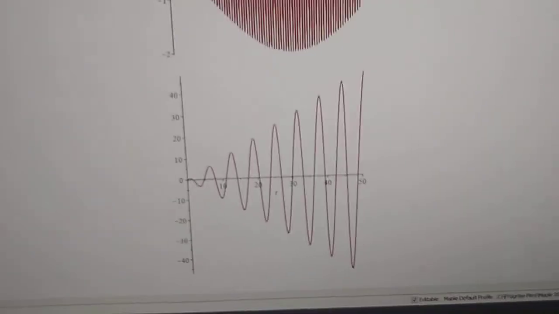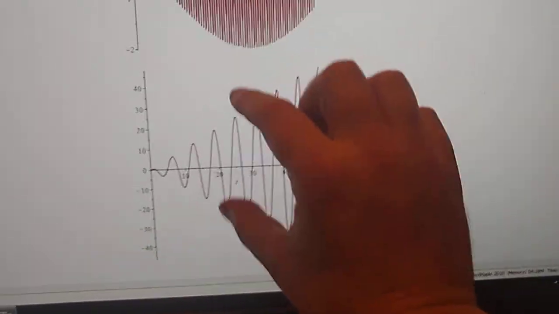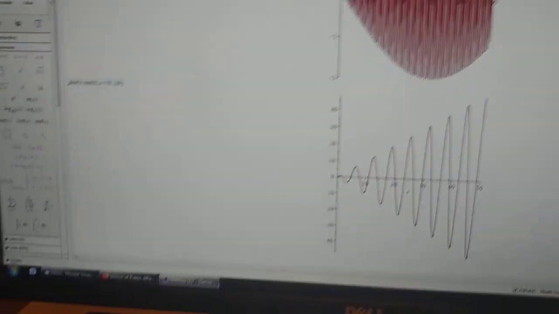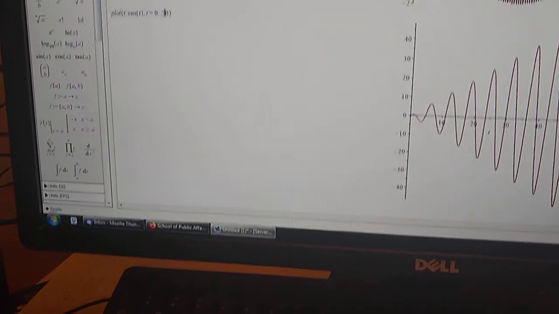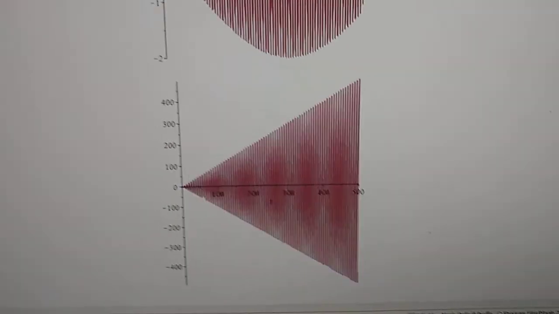It's like this, and I can try zooming out to hope that these increasing amplitudes maybe come back down, but they're not going to. I can plot this all the way to 500, and it just keeps going.